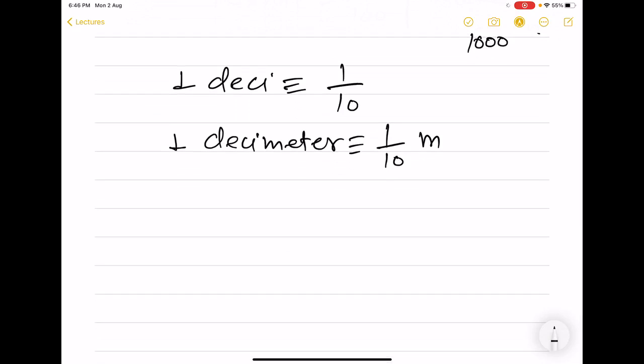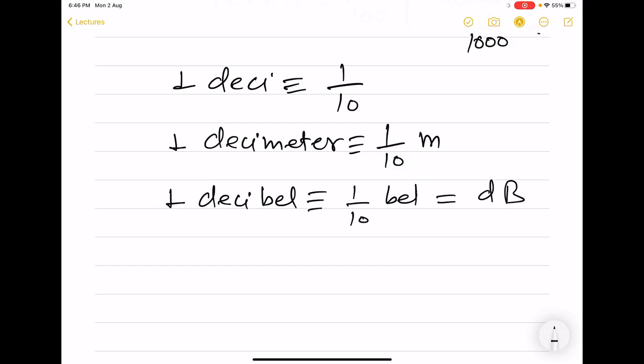The same idea can be used with bell also. So for example, 1 decibel is equal to 1/10 of bell, and in short, this is designated as dB. For example, here also this can be written as dm, decimeter.